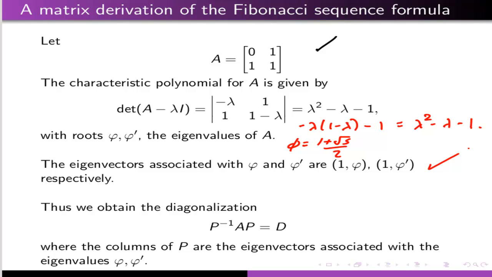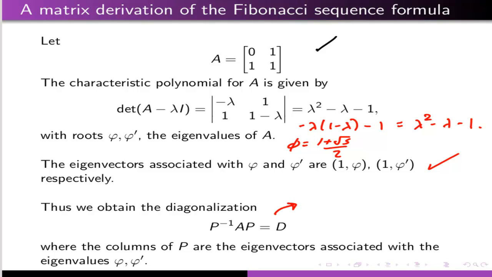And what we learned in linear algebra is that once we have this set of eigenvalues and eigenvectors, we can diagonalize the matrix A, and we get the diagonalization P inverse A P equals a diagonal matrix D, where the diagonal matrix has the eigenvalues along the main diagonal, and P is a matrix whose columns are the eigenvectors.